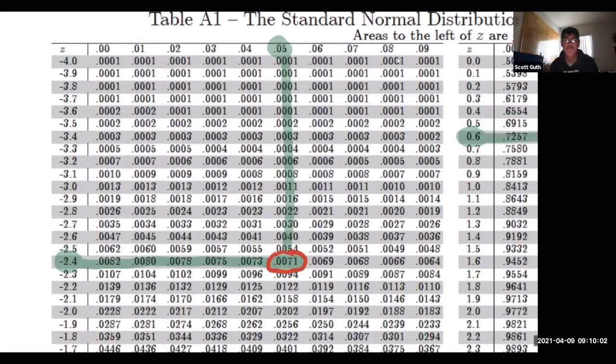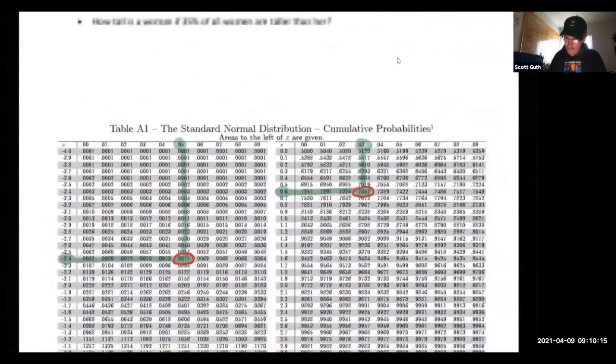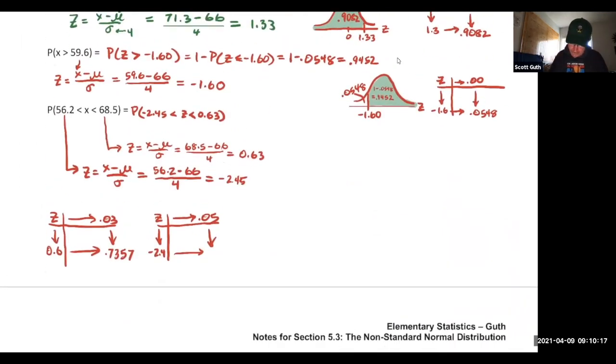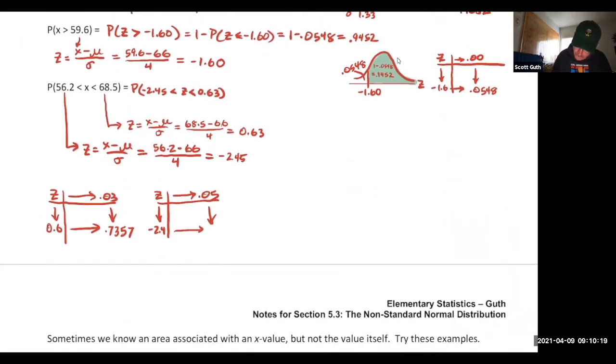Any questions? So it's 0.0071 on that. So those are the areas under the bell curve.